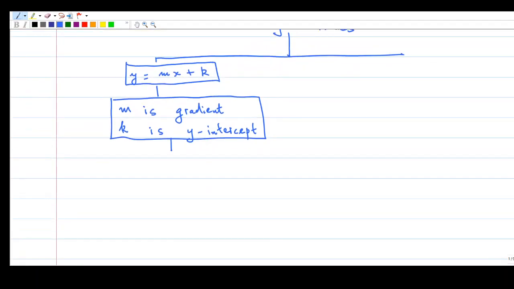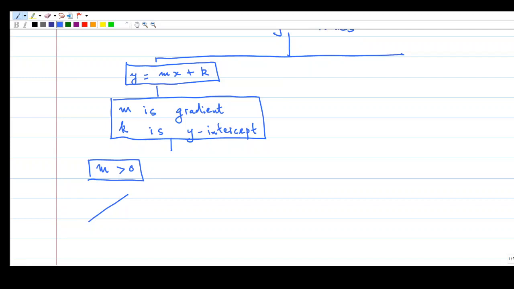We look at the case where if your equation is in the form y is equal to mx plus k, if m, the gradient, is positive, then the shape of the graph is going to be as indicated over there, right?